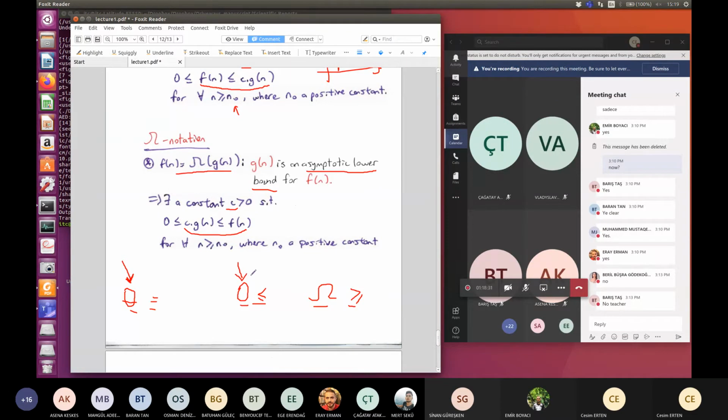If I find out that the running time T of n of some algorithm is big O of n squared, it doesn't mean that the running time will exactly be growing like n squared. The running time of the algorithm actually might be much smaller. For instance, the running time might be simply log n, and that running time T of n is still big O of n squared. It's still upper bounded by n squared.